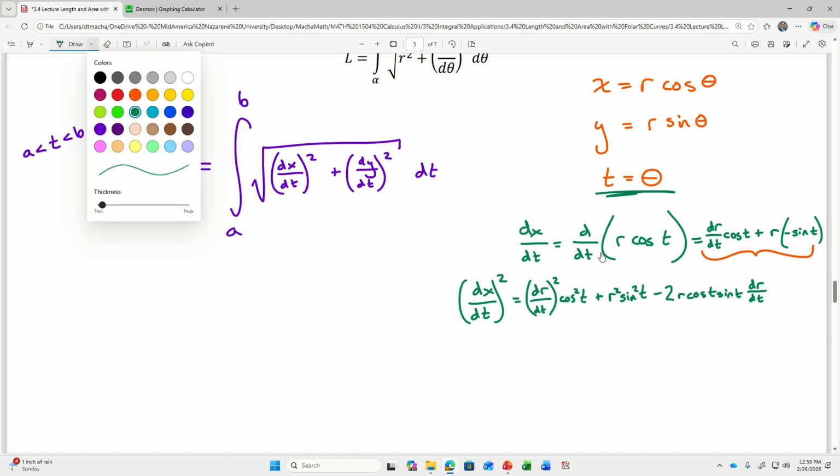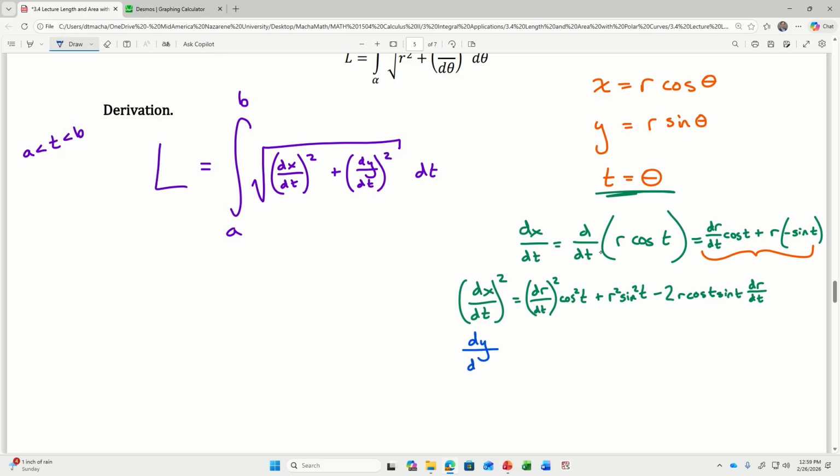Then we do the same thing with y. That is, we're going to take dy dt, which is the derivative with respect to t of r sine theta, or r sine t. And we have to use the derivative product rule to find dr dt sine of t plus r times cosine t. And then we take dy dt squared, which means squaring this expression with two terms.